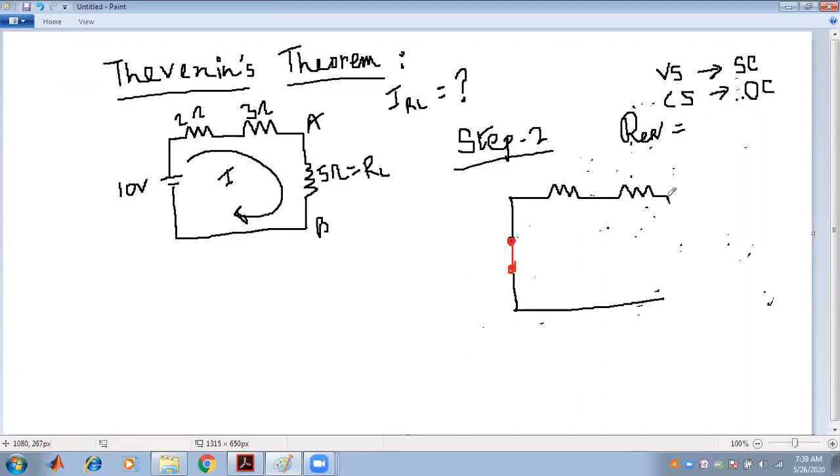This is our A and B point. This is 2 ohms. This is 3 ohms. So we have to find the R equivalent.